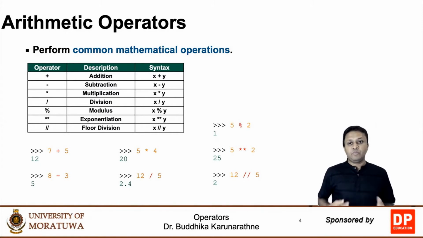Standard division always results in a float, or a floating point number, whereas in floor division, the fractional portion of the result is truncated, that is, removed, and only the integer part is kept. You can see in the examples how the division of 12 by 5 results in 2.4 and 2 with the two different kinds of operators. And also, we can have the exponentiation and modulus operations as well.